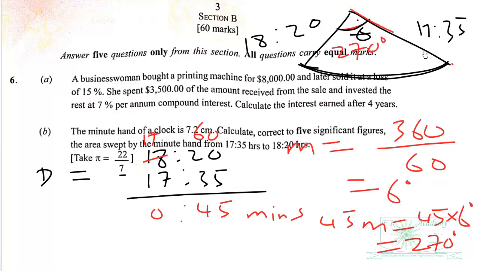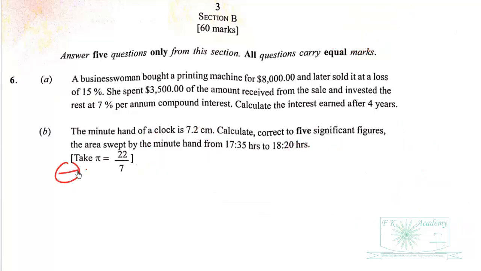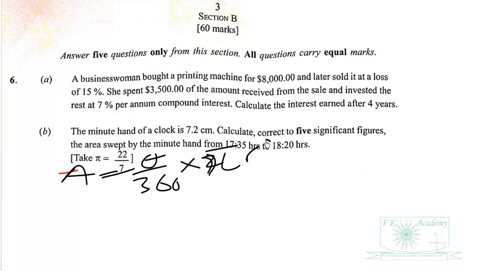and we're told that the length of the radius is 7.2 centimeters. So we can now calculate the area of the sector. The area of a sector is given by A equals theta over 360 times pi r squared.